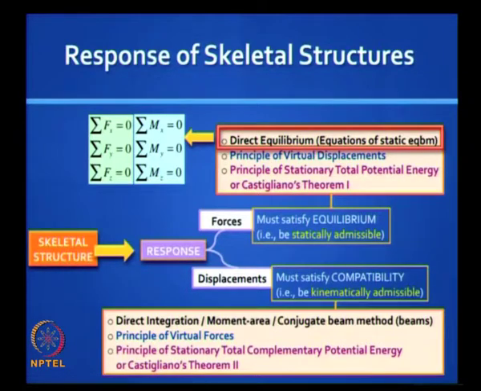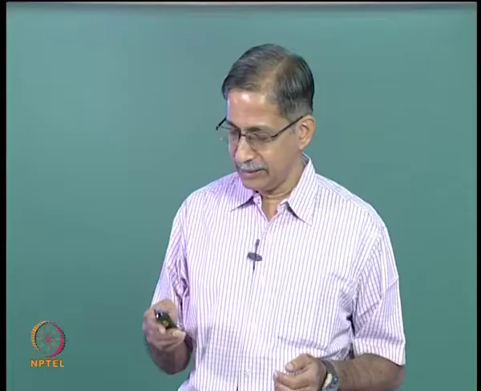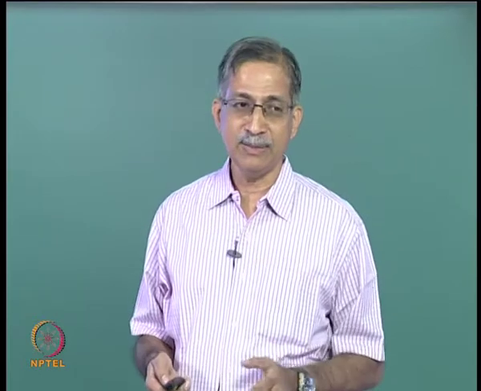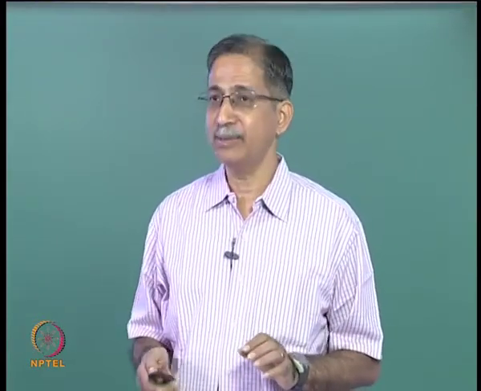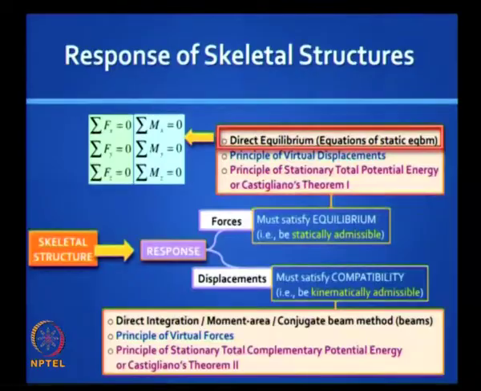If we are dealing with a planar structure, and most of our example structures are planar, which means all the elements in the structure lie in one plane and the loads also act in that plane, then we can simplify and eliminate some of these equations. Which of these equations would you eliminate? Let us assume that the structure is in the xy plane.